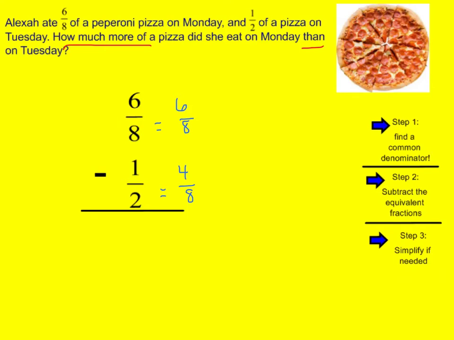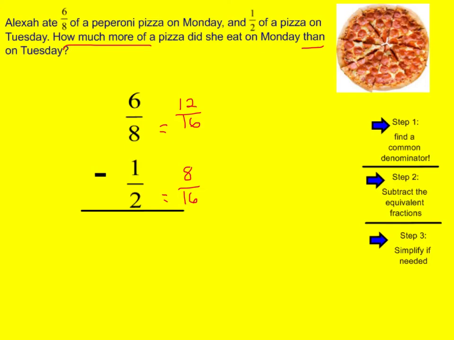Okay, if you found 8 to be your common denominator, you should have said 2/8 was the answer. However, you still need to simplify. So 2/8 can be simplified to 1/4. Now, if you found 16 as your common denominator, here is what you should have done. You would have said 1/2 is equal to 8/16, and 6/8 is equal to 12/16.